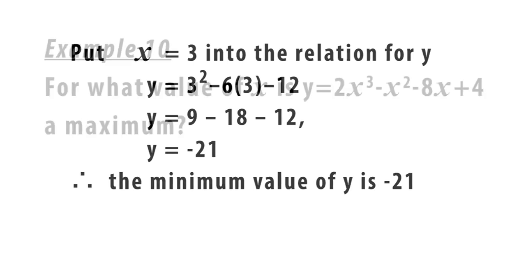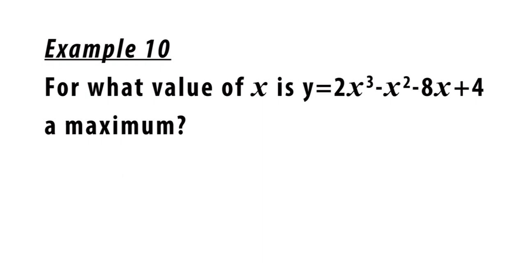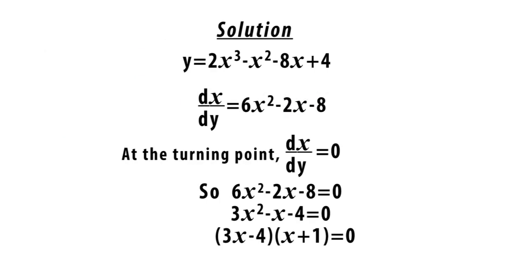For what value of x is y is equal to 2x cubed minus x squared minus 8x plus 4 a maximum? Let's take the solution. We have been given y is equal to 2x cubed minus x squared minus 8x plus 4.